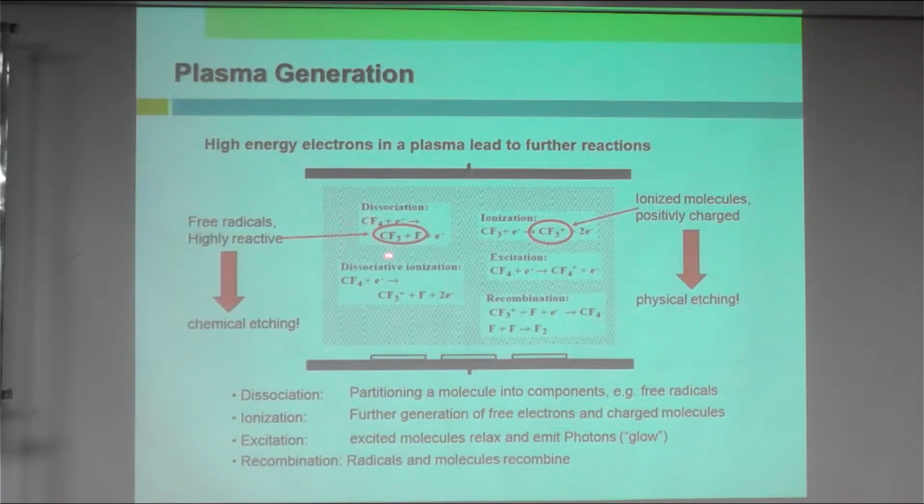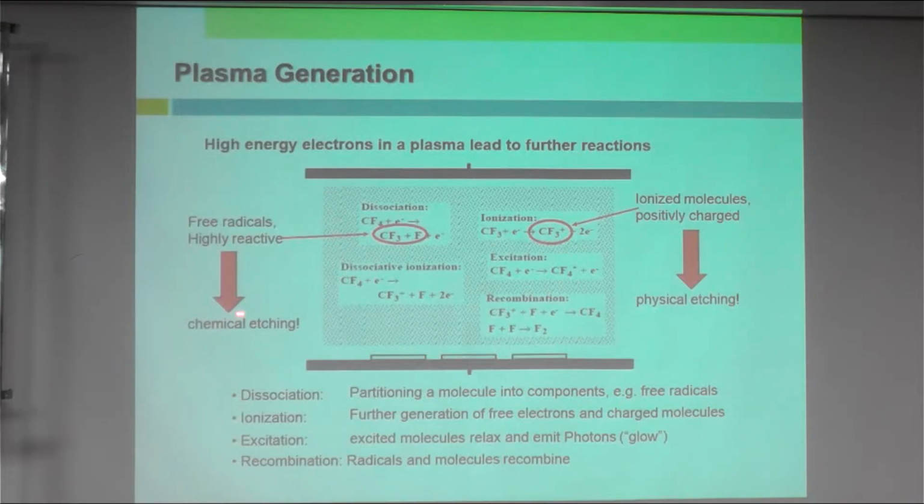So for example, you have CF4 going to CF3 plus F plus an electron here. This is a dissociation process. Then with this, you have ionization of CF3. This ion will be bombarded onto the substrate in order to have physical etching.